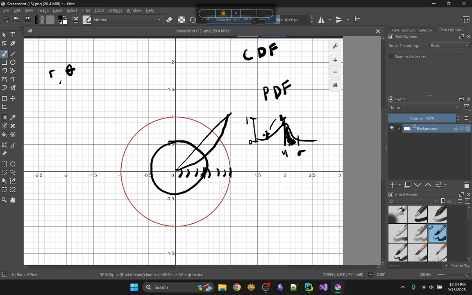So guessing a point on this ring should have twice the probability of guessing a point on this ring. And all that matters is that ratio. So it doesn't matter if this is 2x or 1x. 1 over 0.5 is the same thing as 2 over 1. You can just normalize it.